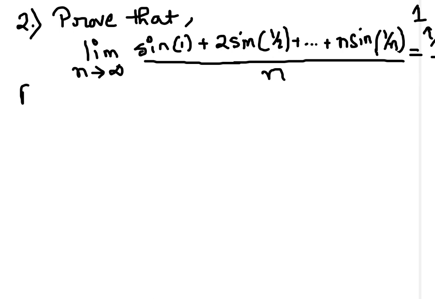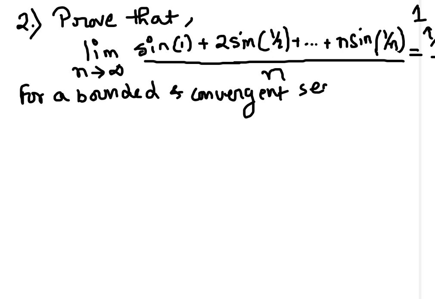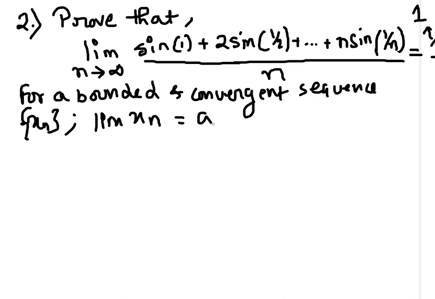That is, for a bounded and convergent sequence x_n such that the limit of x_n is equal to a, by the theorem we are talking about, we also have that the limit of (1 by n) times the sum of x_k for k equals 1 to n is also equal to a.